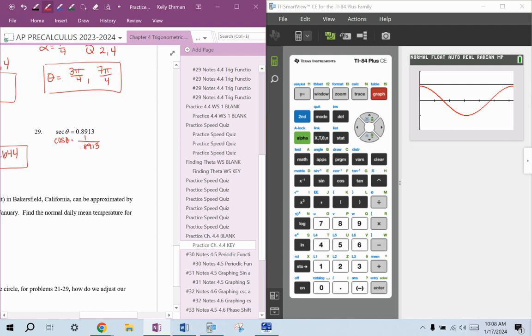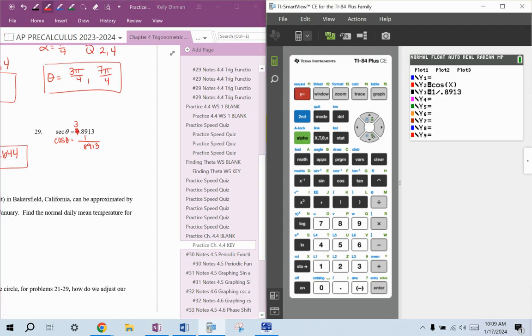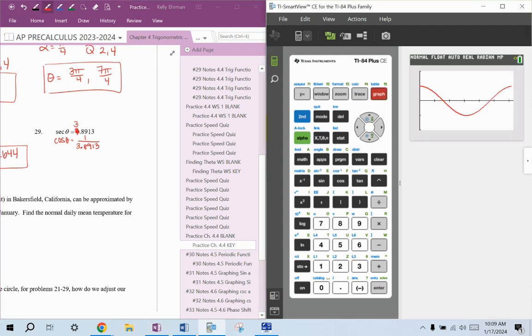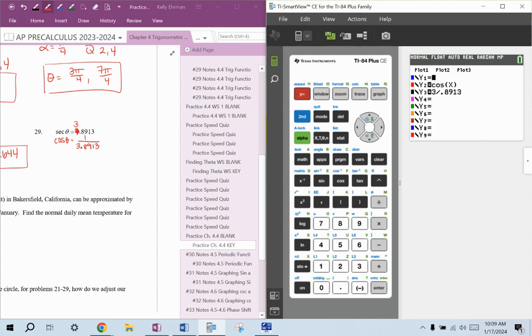This number isn't possible. So instead of 0.8913, I'm going to change this to, let's say, 3.8913. So we'll talk more about why that's not possible in the next section. Okay, so this is 1 divided by 3.8913.